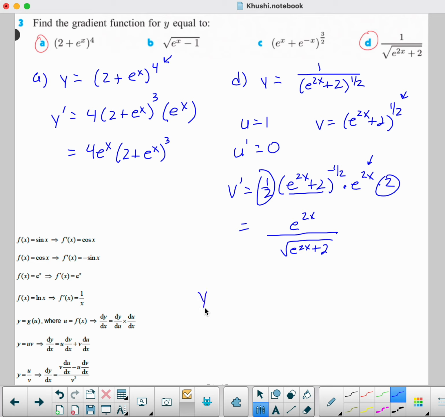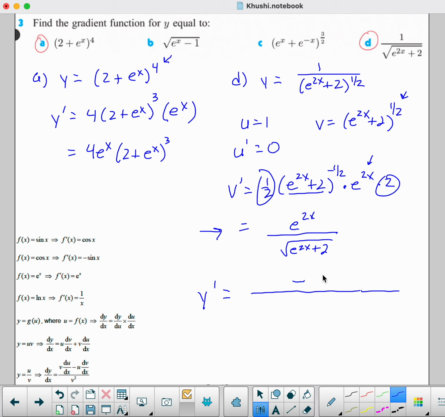All right, so now y prime equals v times du, times 0. I ain't writing it. It's gone. Minus u, 1, times dv. This is lovely, isn't it? It's not that bad because the u is 1 times dv.